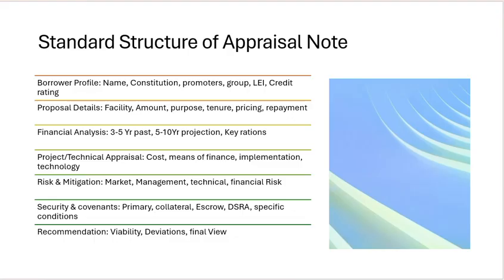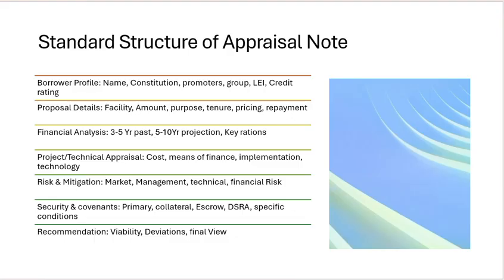Then we add the lender's independent report and its contents. And the credit rating: who gave the credit rating and what the credit rating is for the borrower. That needs to be covered in the borrower profile.